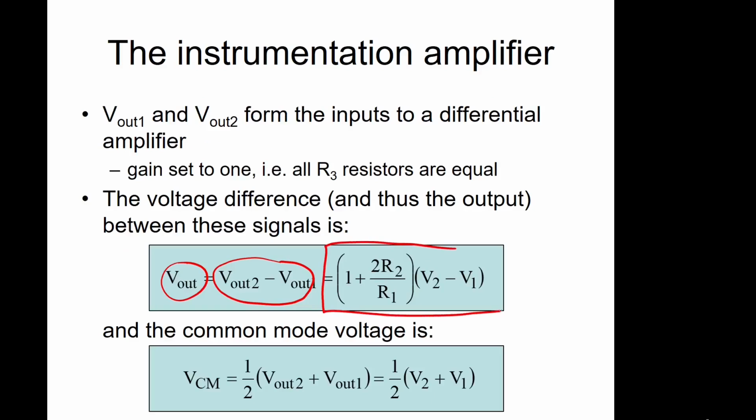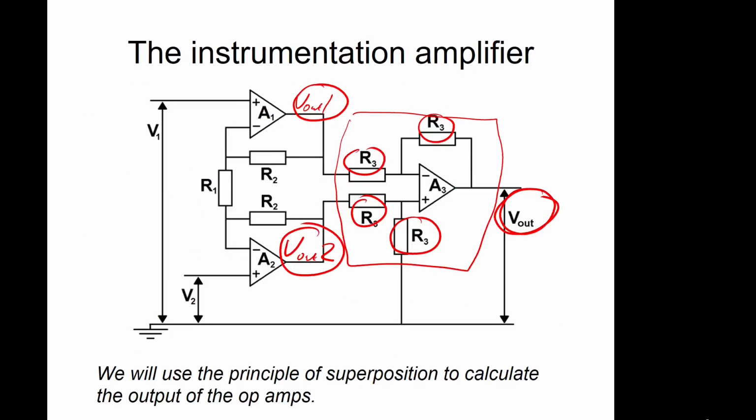So we have a difference amplifier where we're amplifying the difference of the original input signals with a gain term defined by these resistors. So it's similar to our other difference amplifier, except it's a slightly different transfer function. Because we've got a difference amplifier here, we're still going to have the same problem. We're going to get our common mode voltage gain on this.